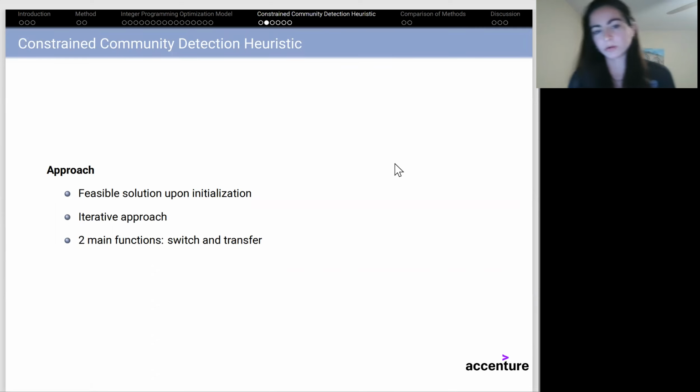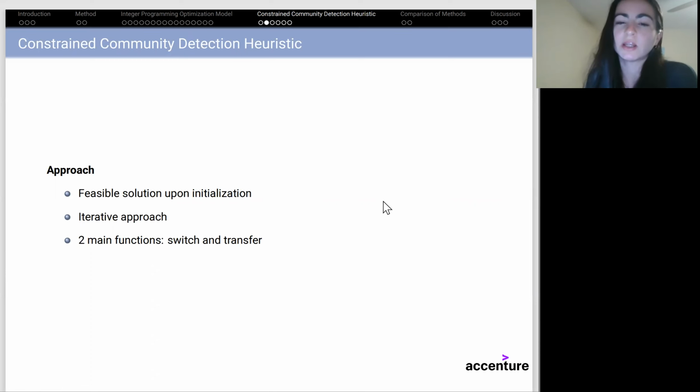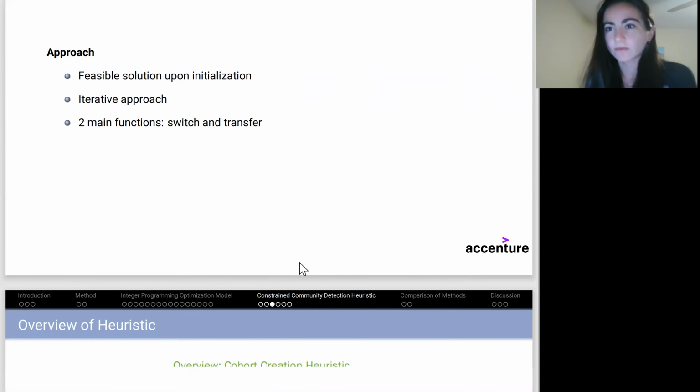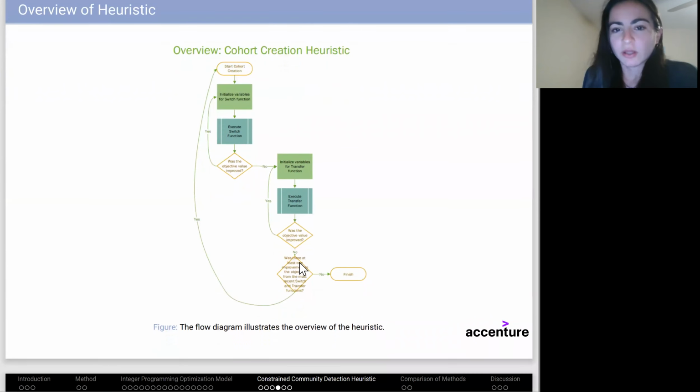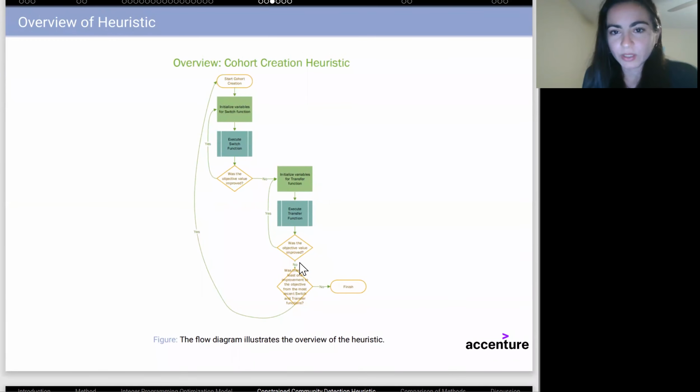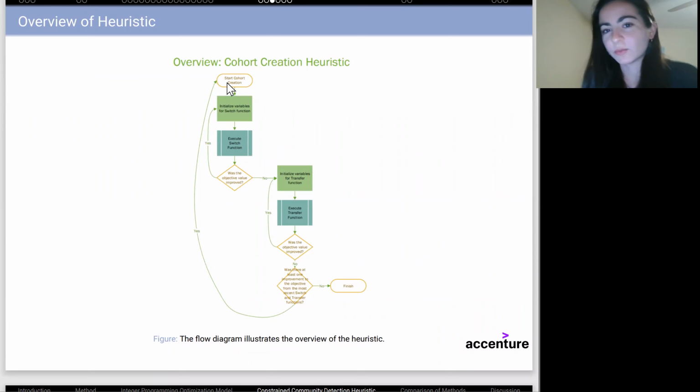It takes on an iterative approach with two main functions, the switch and the transfer function, and they do exactly that. So a little overview. We start with the cohort creation, initialize variables, execute the switch function.